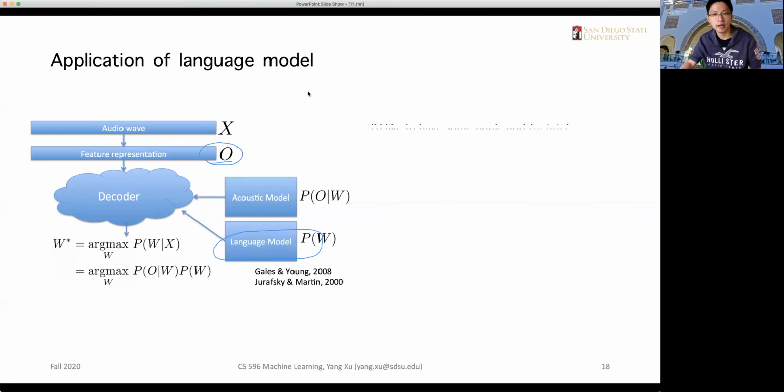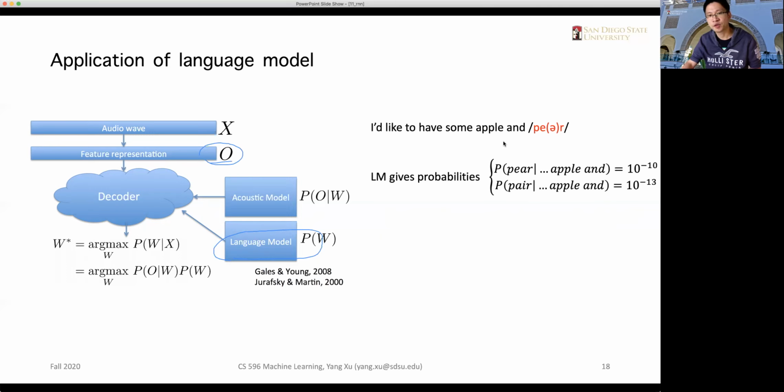So let's look at the example here. For example, the audio segment that the software reads is "pair," right? We know there are two pairs, but we don't know which pair should be the case. But given the history information, given all the previous words, "I like to have some apple and," right?